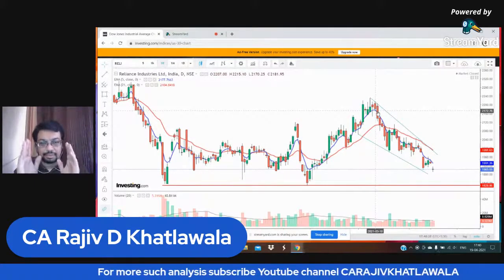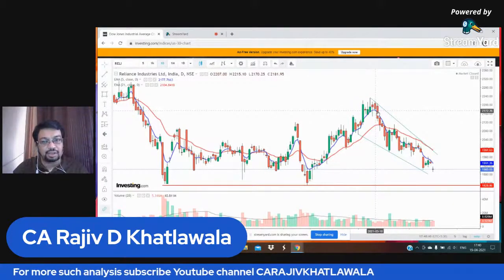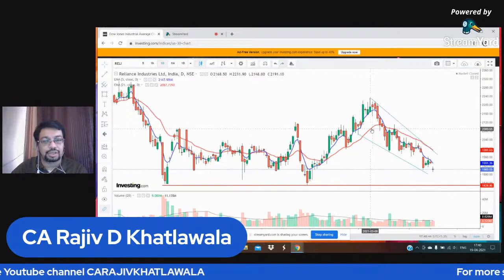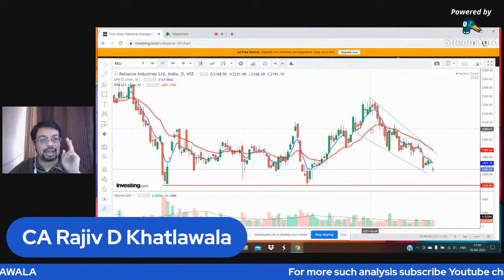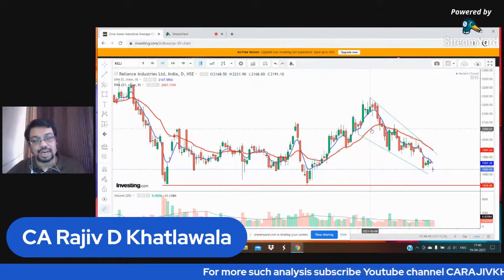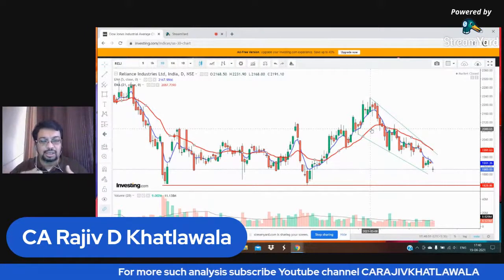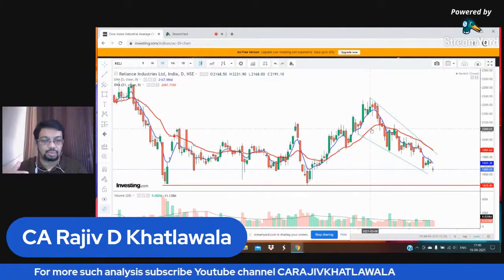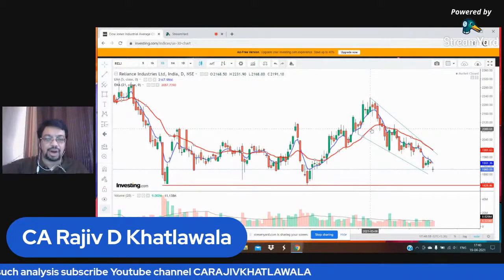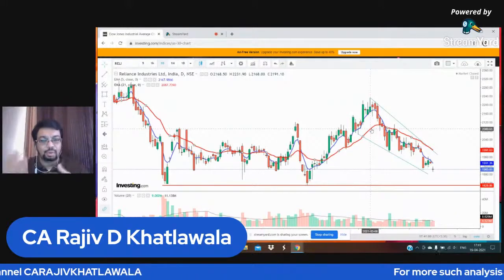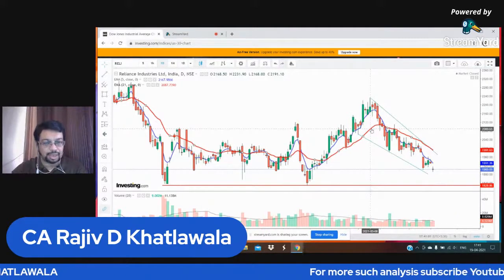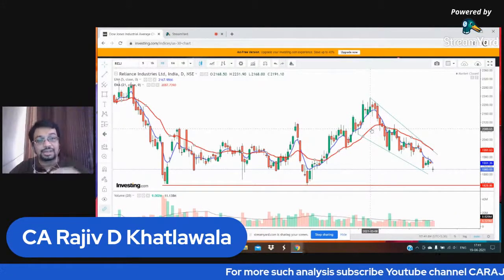Similarly, the 21 days moving average, which is the red line here, is averaging the last 21 days of data. So obviously, this moving average will be a little far off from the current price.